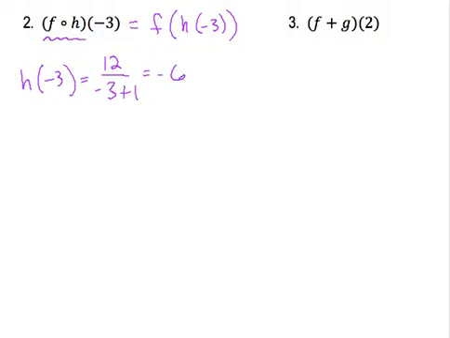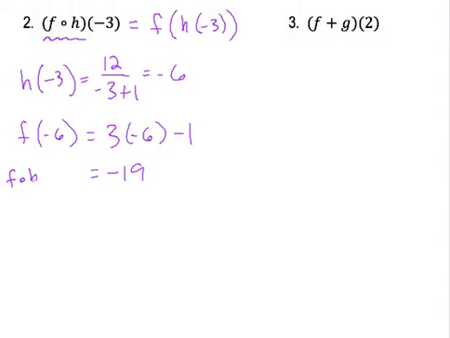So now that we know h of negative 3, we're going to grab our f function and plug negative 6 into f of x. f of x was 3x minus 1. So we're going to do 3 times negative 6 minus 1, and here we get negative 19. So we'd say f of h of negative 3 is equal to negative 19.